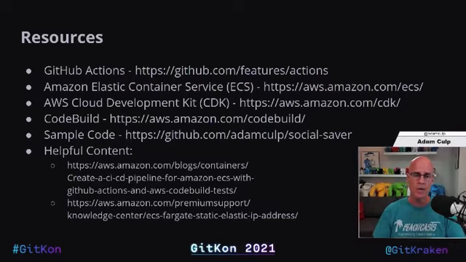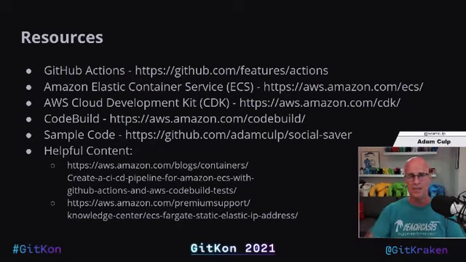Now, there's also a couple other links here, helpful content. The first one is actually a link to a blog post by a friend of mine, Bryant Bost, over at AWS. He created the blog post of basically how to use all these services and do exactly what I just showed you here at a very high level. But he goes in a lot more depth in his blog post to help walk through step by step.